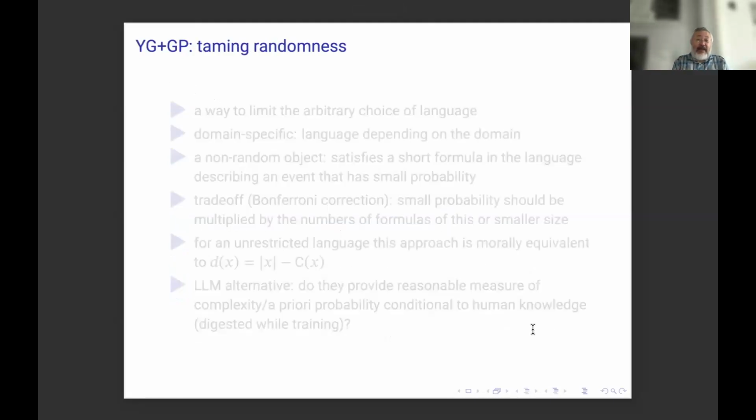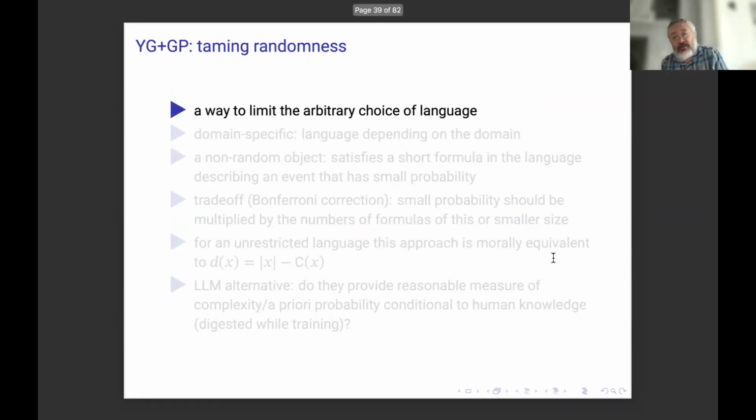There is a paper of Yuri Gurevich and Grant Passmore, which tries to somehow bridge this gap between theory and practice, saying that we should consider not arbitrary descriptions, but descriptions in a very specific language, which is chosen for a given domain.